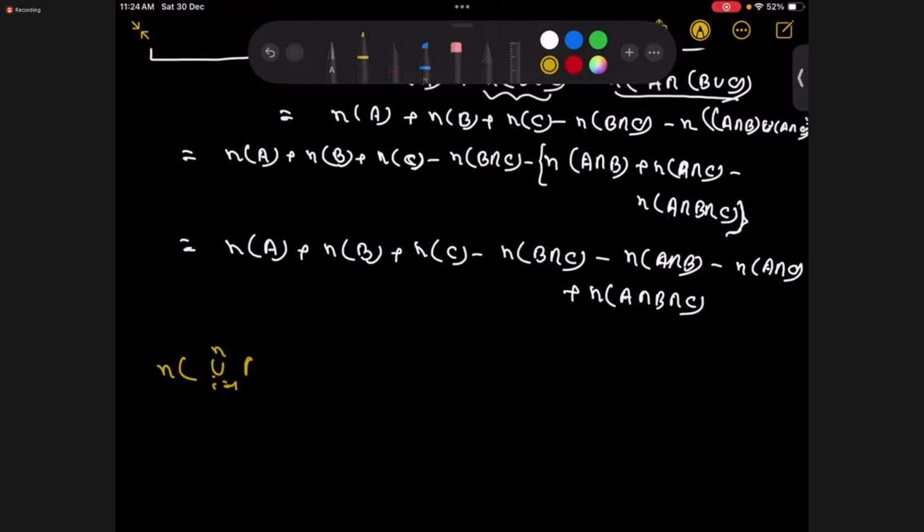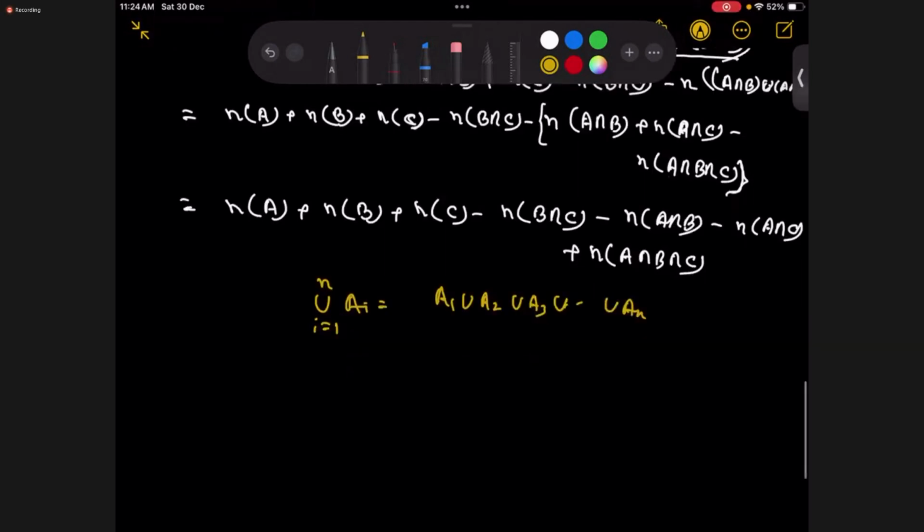This notation is denoting, let's write it explicitly first. If I denote it as A1 union A2 union A3 up to AN, then what will be this?